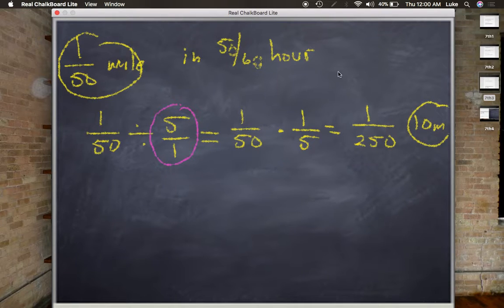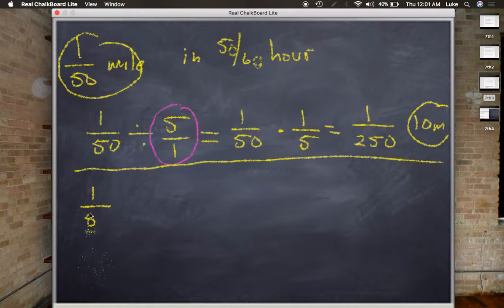Now, if we add that 10 minutes to our 50/60ths of an hour, or 50 minutes out of 60, if we add that 10 minutes, we get our full hour. So let's add 10 minutes, or 1/250th of a mile, to our 1/50th of a mile to get our full hour. So I'm going to separate this little bit here.